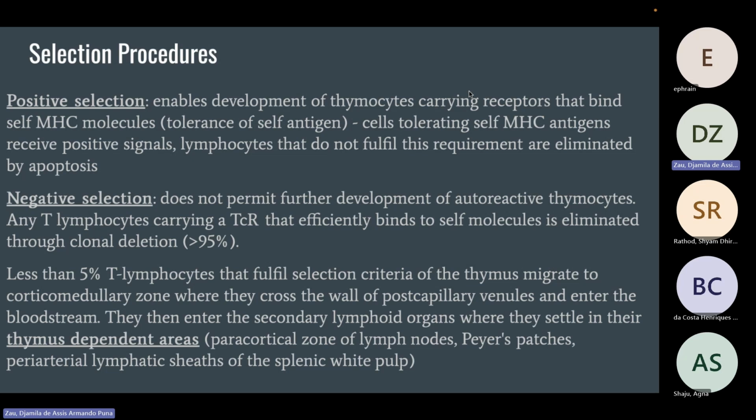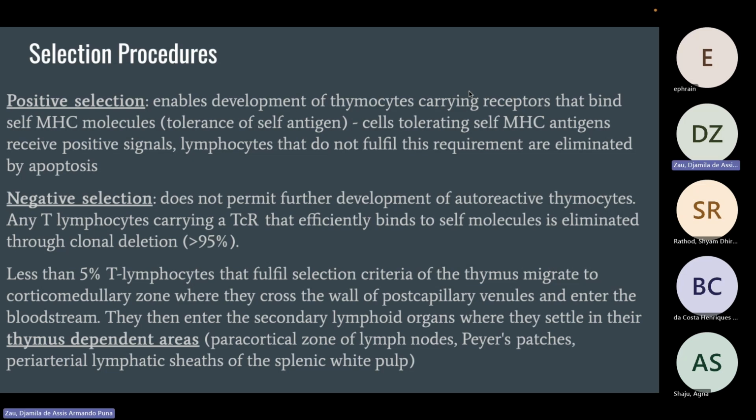And in the secondary lymphoid organs, this is very important: where do they stay? They stay in the thymus-dependent areas. For the lymph nodes, this is the paracortical zone. For the spleen, this is the periarterial lymphatic sheaths, and also Peyer's patches.